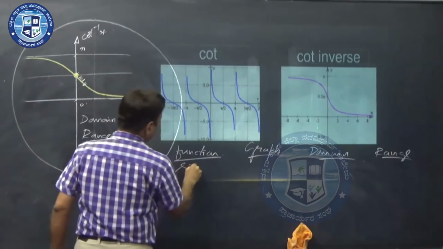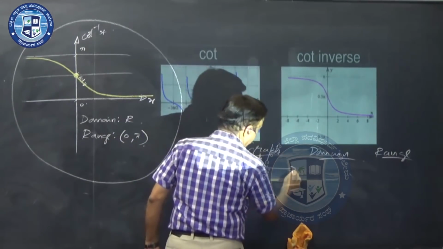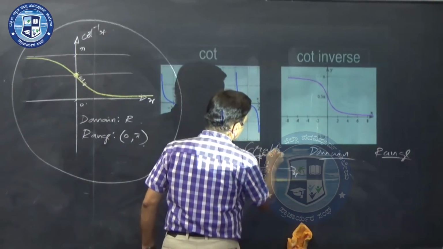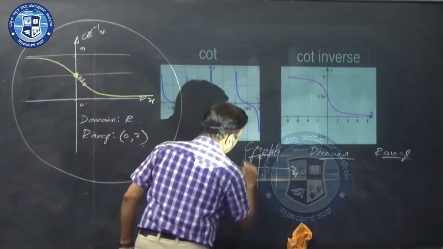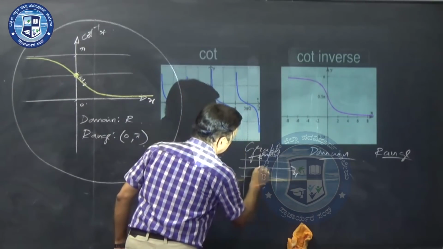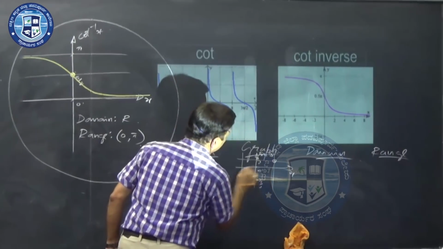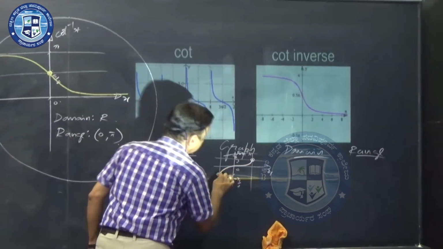Function: sine inverse. The graph, you know how it goes, a rough graph will do, x and sine inverse x. This is 1, this is minus 1, this is pi by 2, this is minus pi by 2, this is 0, 1 is the maximum value and here the minimum value. The graph goes like this.